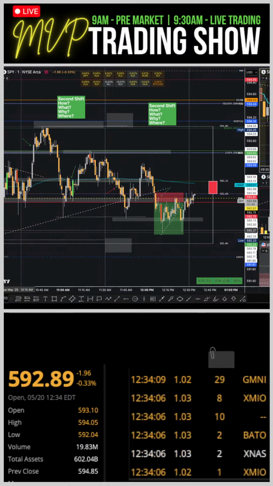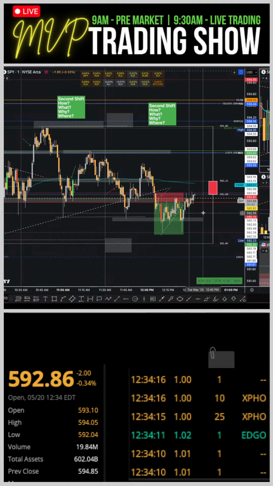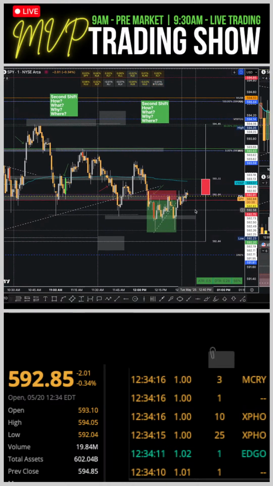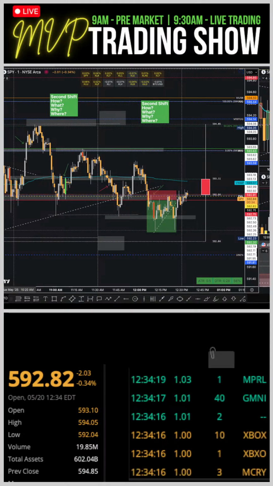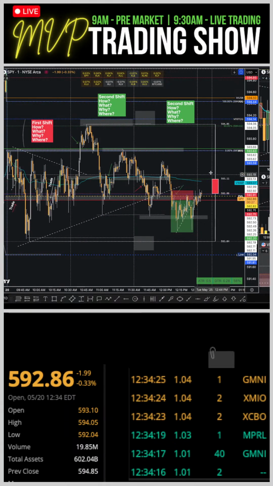I'll rephrase that question. Are we going to go higher in the next 10 minutes, 5 minutes, by the end of the day, by the end of the week? Lower or higher is relative to time. From a technical standpoint, we are technically lower because we're below that daily open.